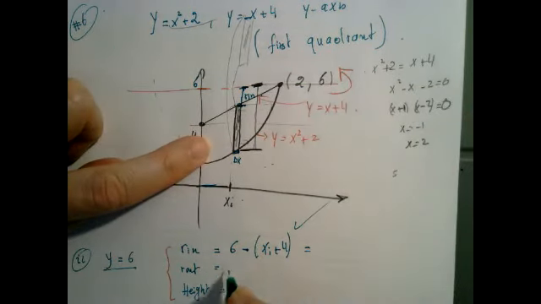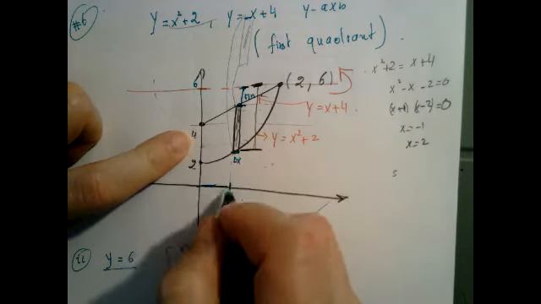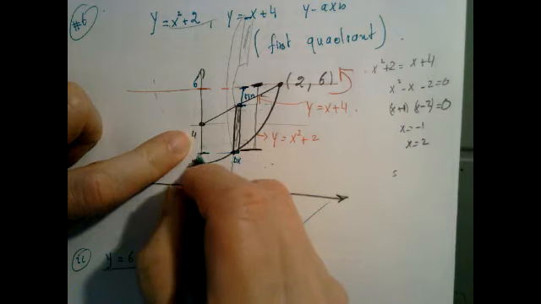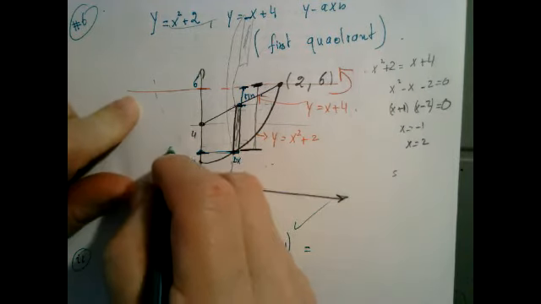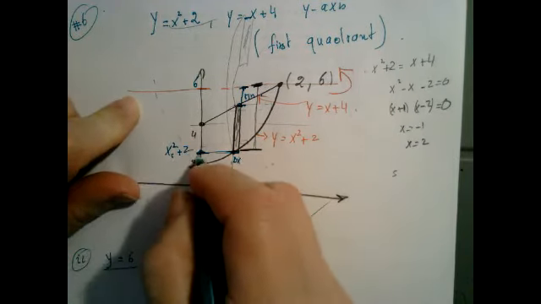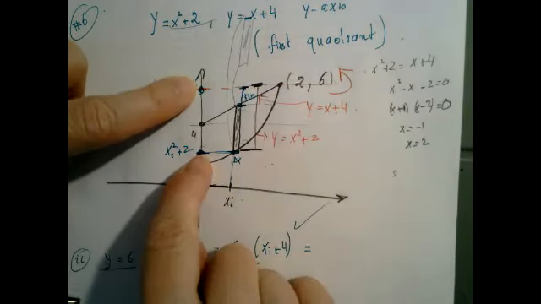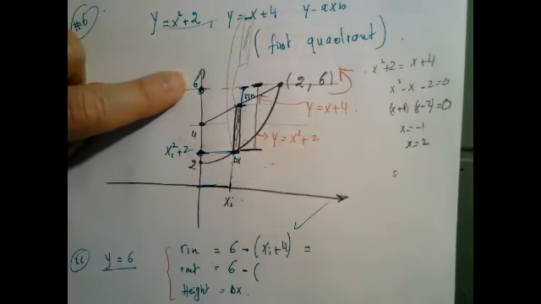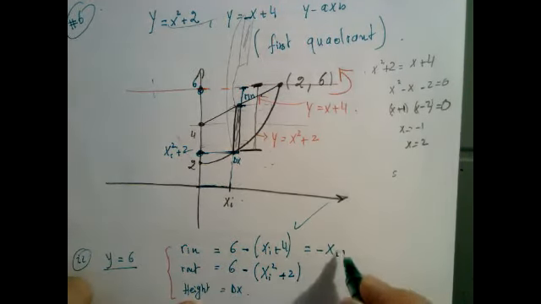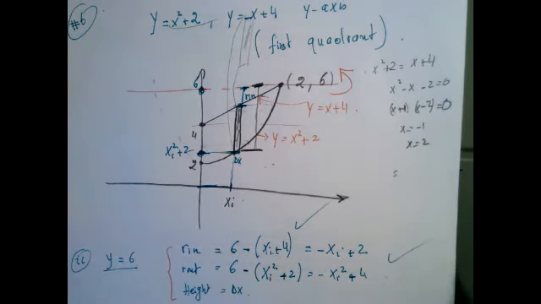The top value is 6, minus the lower value, which is xi square plus 2. That's the distance from here to here. And then the rest is simple. I simplify it: 6 minus 4 gives me a 2, and 6 minus 2 gives me a 4. And then you proceed from there.